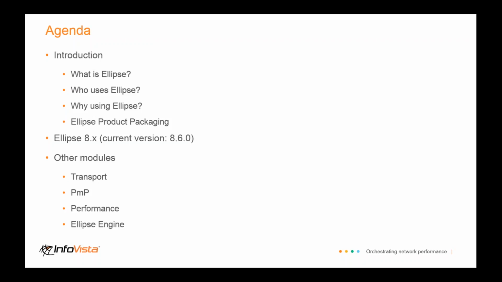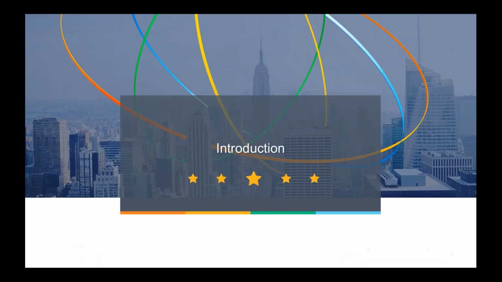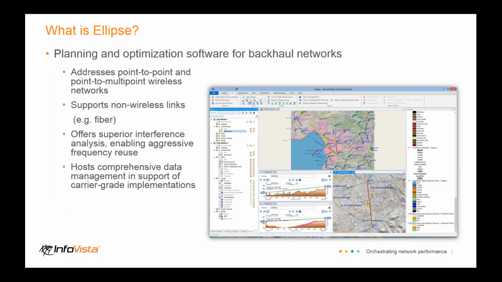Then we're going to finalize briefly by touching on some of the modules that are extra to the Ellipse core license. We will not have time to go through them today, but we hope we will have other presentations in the near future to go through them, but we'd like to let you know in any case what they are about.